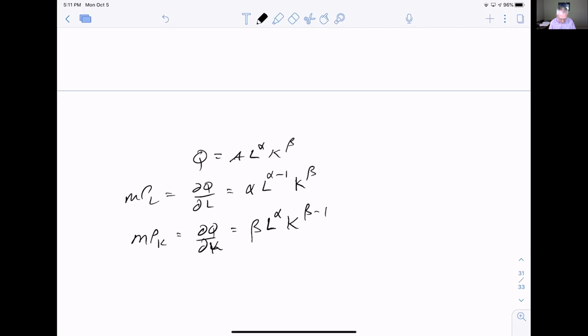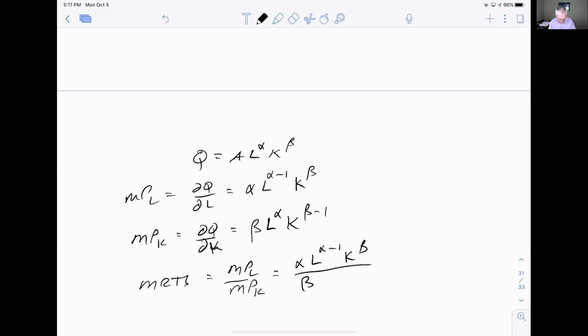Now, the MRTS, we said, is going to be the marginal product of labor over the marginal product of capital, which is going to be alpha times L to the alpha minus 1, K to the beta, over beta L to the alpha, K to the beta minus 1.